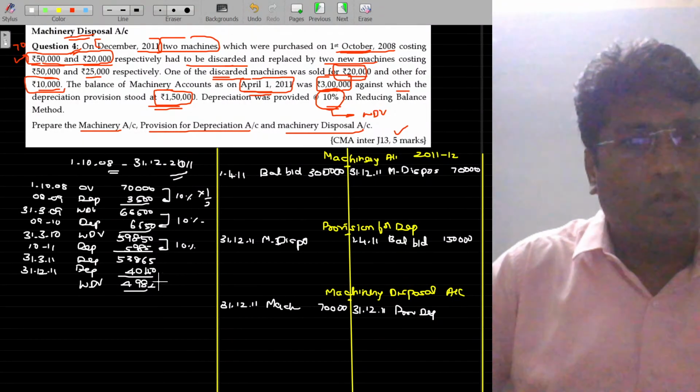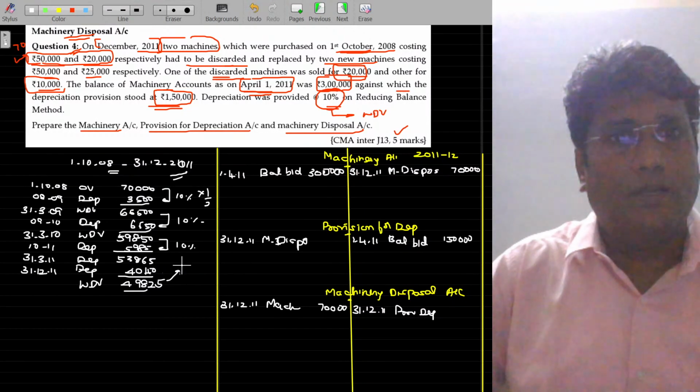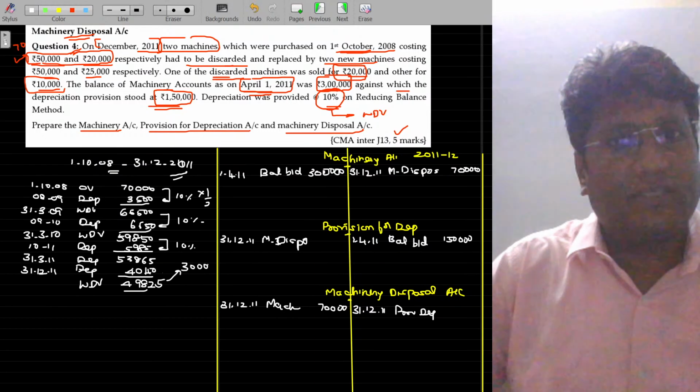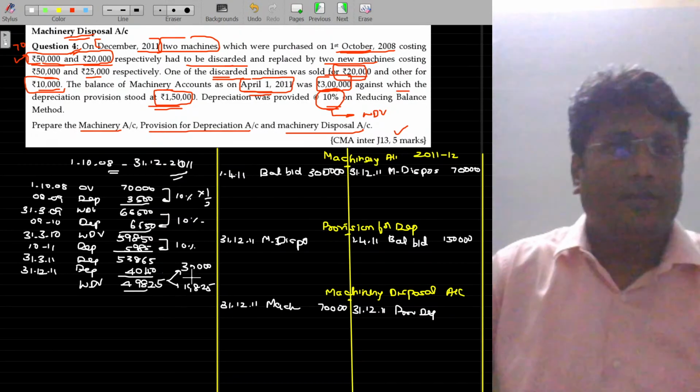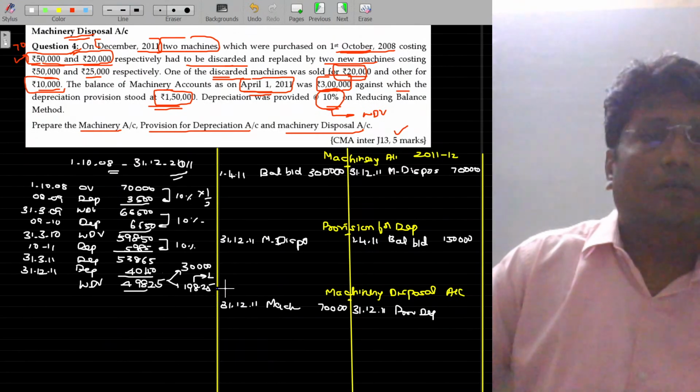Now, both the assets sold for rupees 30,000 only. And balance being 19,825. This is loss.